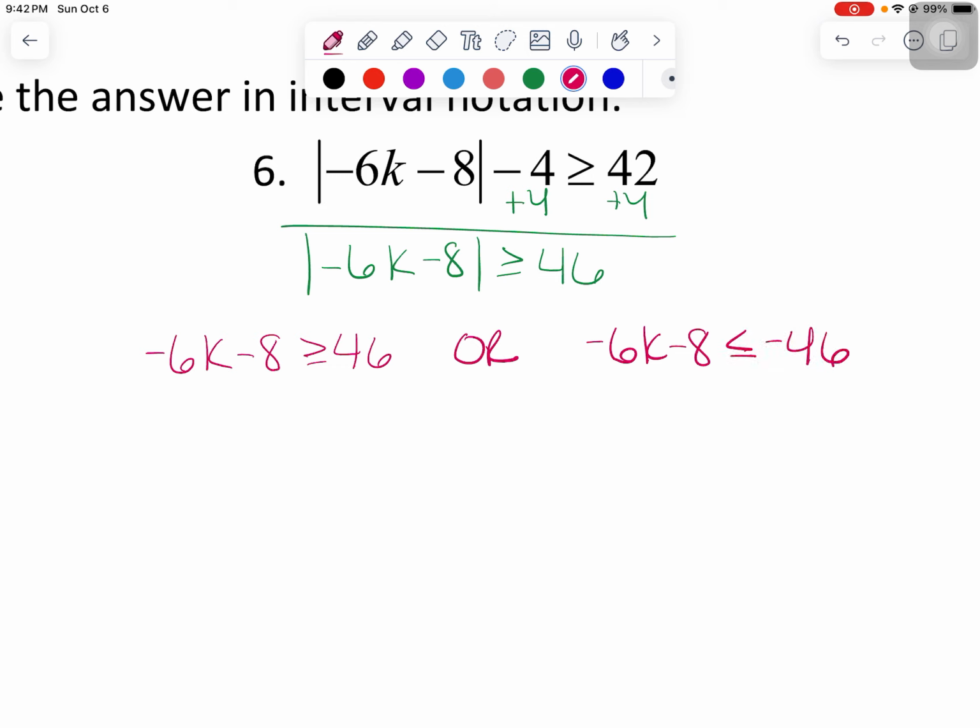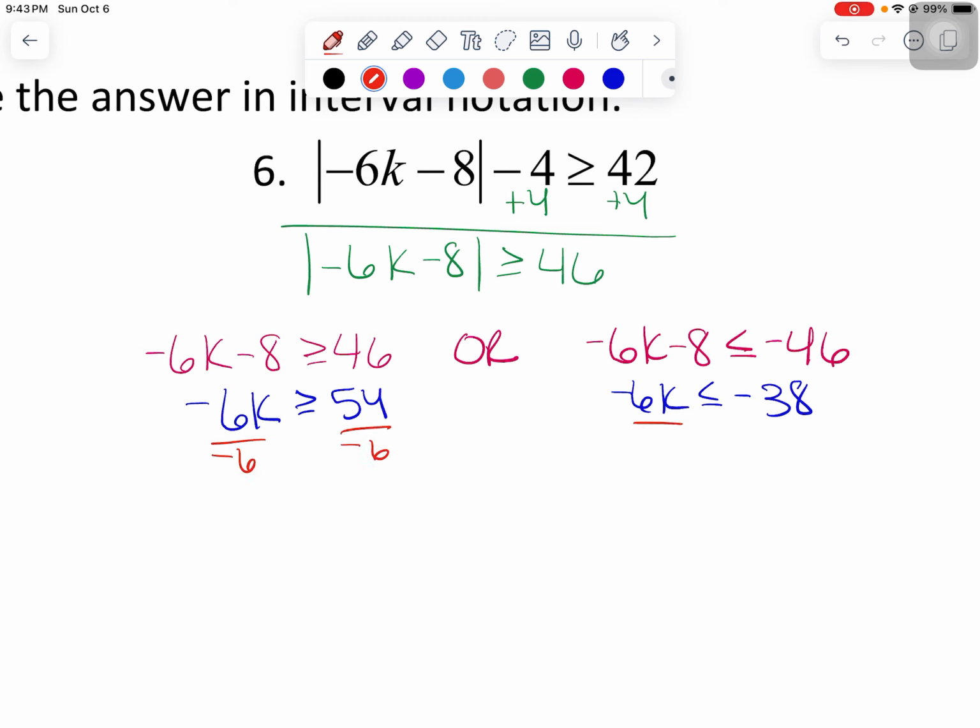All right, so we're going to add 8 to everything. So negative 6k is greater than or equal to, let's see, 46 plus 8 makes 54. Negative 6k less than or equal to negative 46. What did I say? I'm adding 8 to both sides, so negative 38. These are some fun numbers to play with. All right, dividing everything by, now be careful here. You are dividing by a negative.